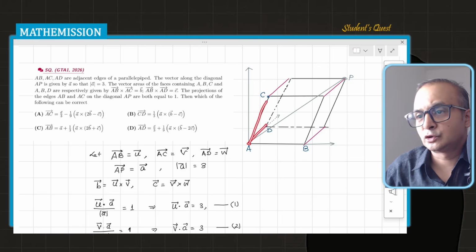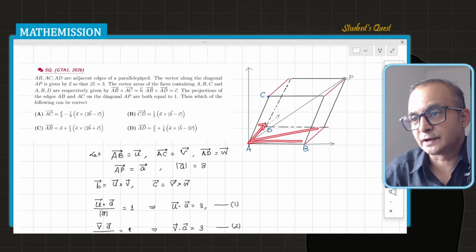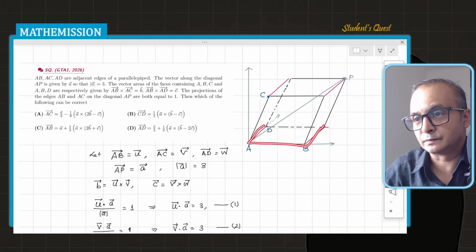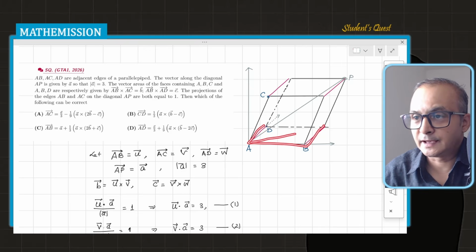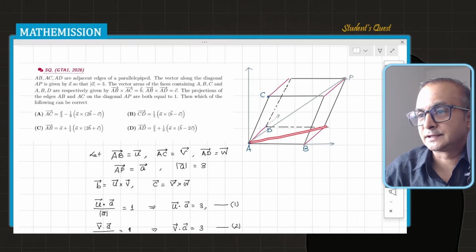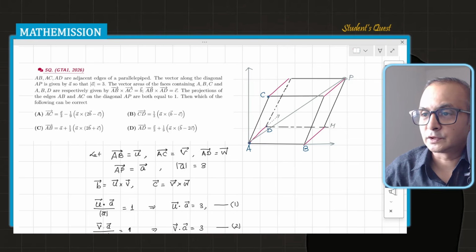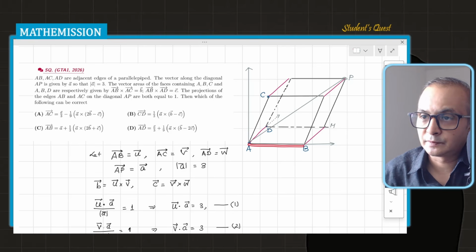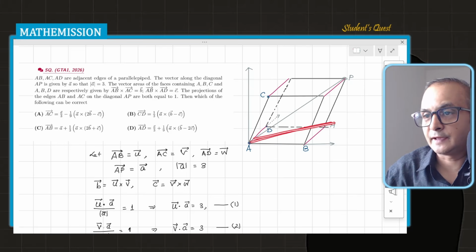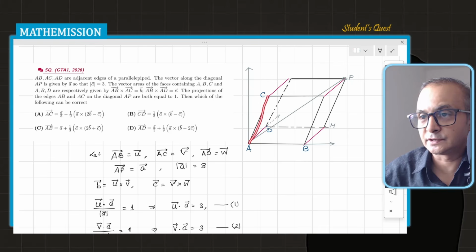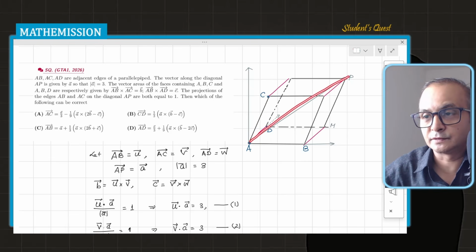How? Notice that the AB vector plus the AD vector is going to be the diagonal of this face, what you see in the bottom. Let's say this point is M. So the AB vector plus the AD vector is the AM vector, and if you take the AM vector plus the AC vector, it will give you the AP vector.